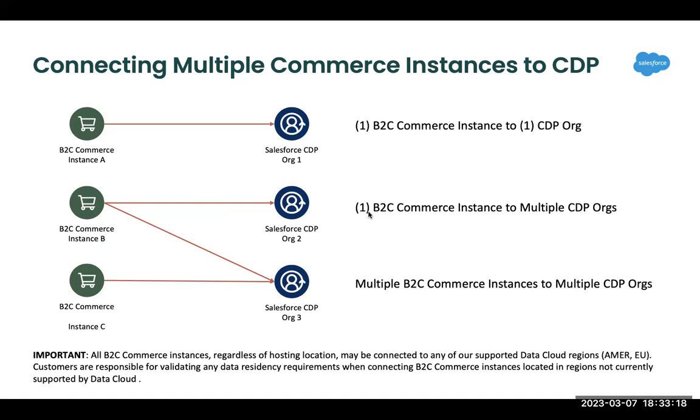So you could connect multiple B2C Commerce instances to multiple CDP orgs, right? That gives a lot of flexibility and comfort in leveraging the tools and systems, and it makes managing my data residency requirements easy while connecting multiple systems.